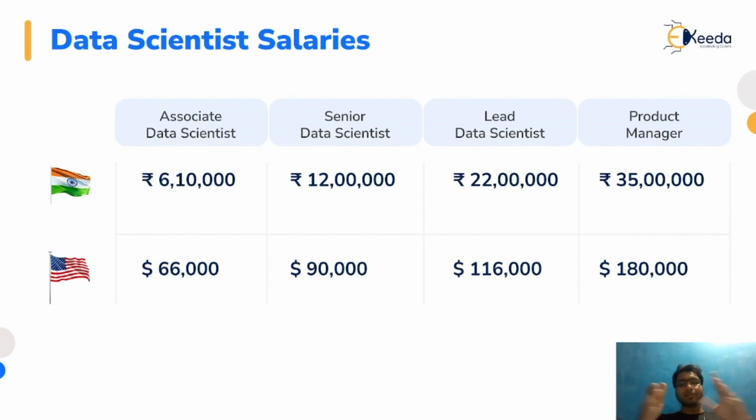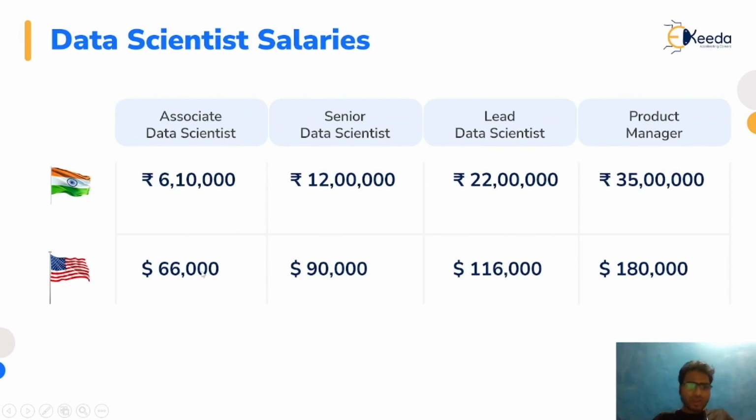This is a figure with certain estimations of salaries in India and in the United States. You can see that the median salary of an associate data scientist in India is approximately 6,10,000, whereas in the US it is approximately $66,000.